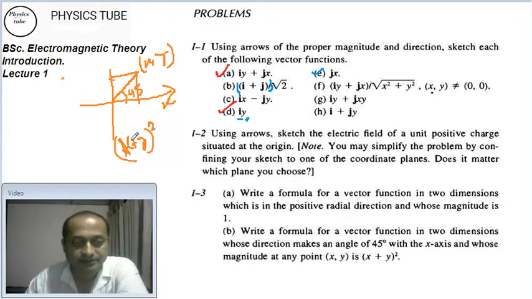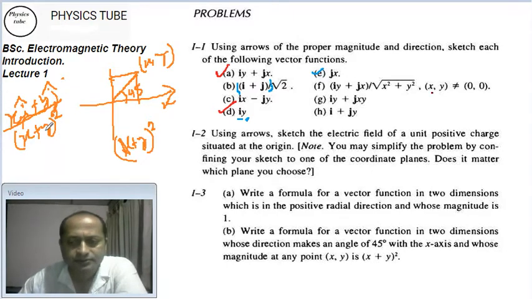This is the magnitude. So the unit vector in this direction will be xi plus yj, whatever it may be, we don't know anything, divided by the magnitude, (x plus y) whole squared, which is what they mentioned at this point.